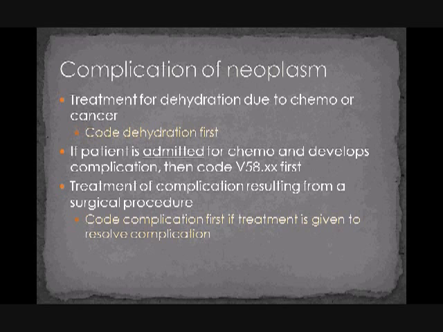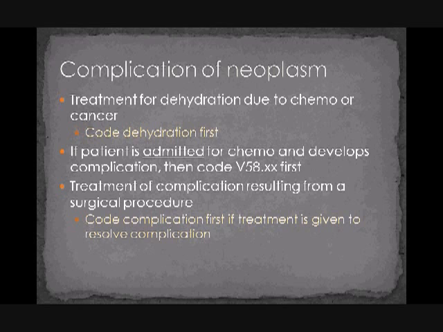You code the dehydration first, the admission for the dehydration. In the second scenario, the patient is admitted for chemotherapy, not for dehydration. The person is admitted for chemotherapy and then develops the complication. In this case, you code the chemotherapy first.